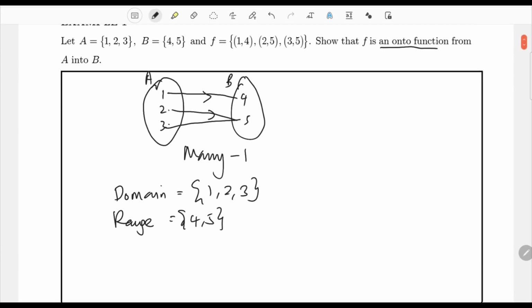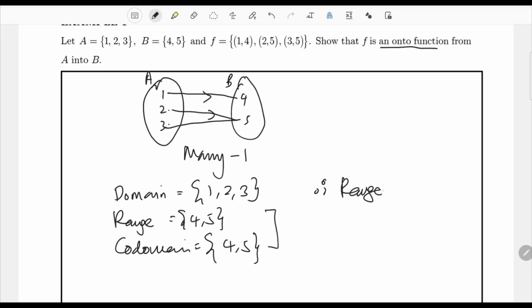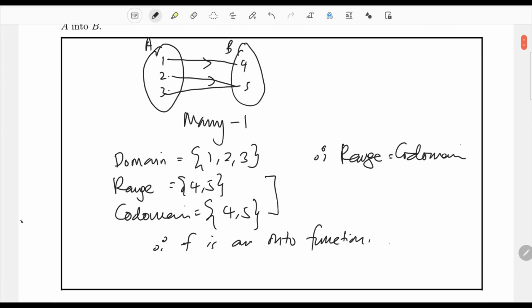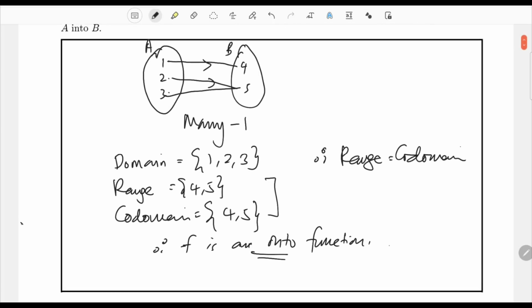Our codomain will be 4, 5, isn't it? Hence, we can see clearly here that range equals the codomain. So, conclusion: f is an onto function.